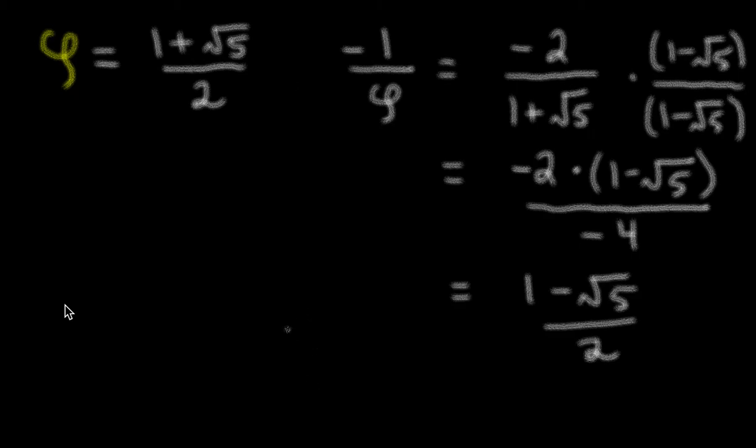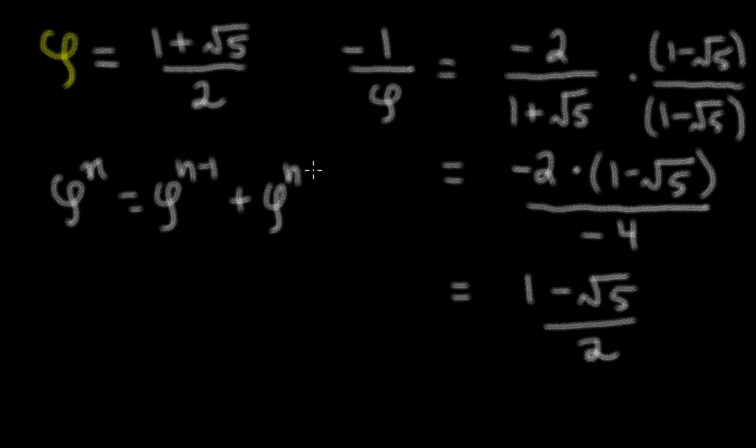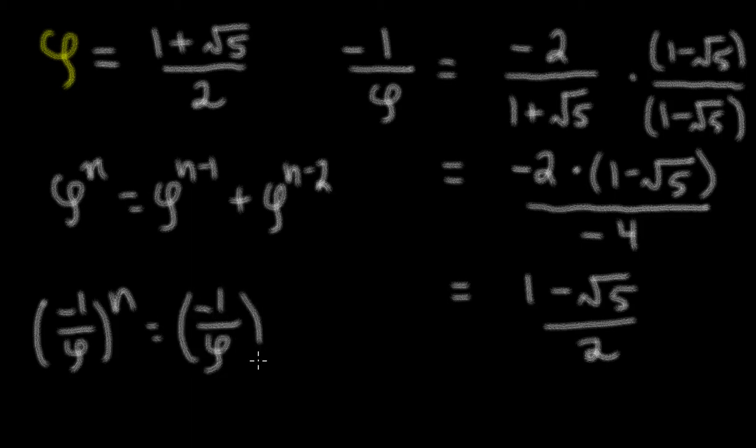And now we know that both of them satisfy this cool property. So phi to the n equals phi to the n minus 1 plus phi to the n minus 2. And then also negative 1 over phi to the n is equal to negative 1 over phi to the n minus 1 plus negative 1 over phi to the n minus 2.